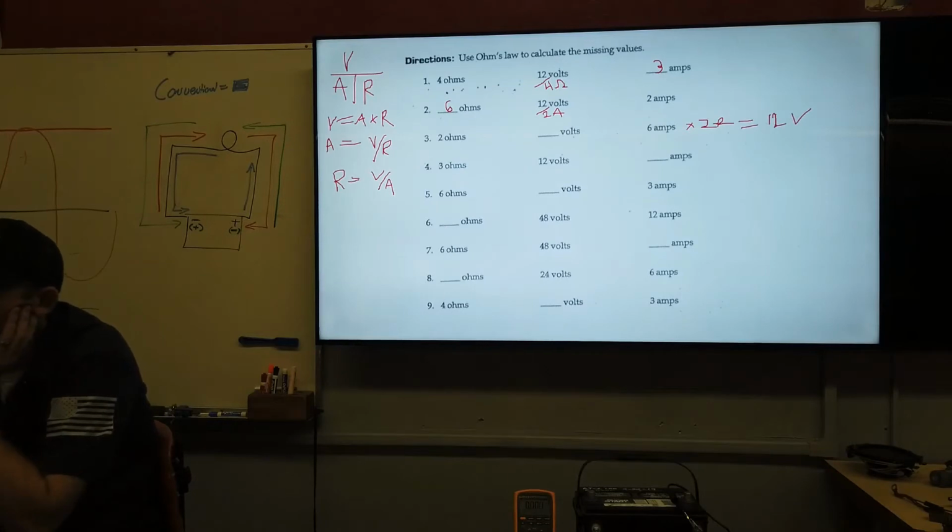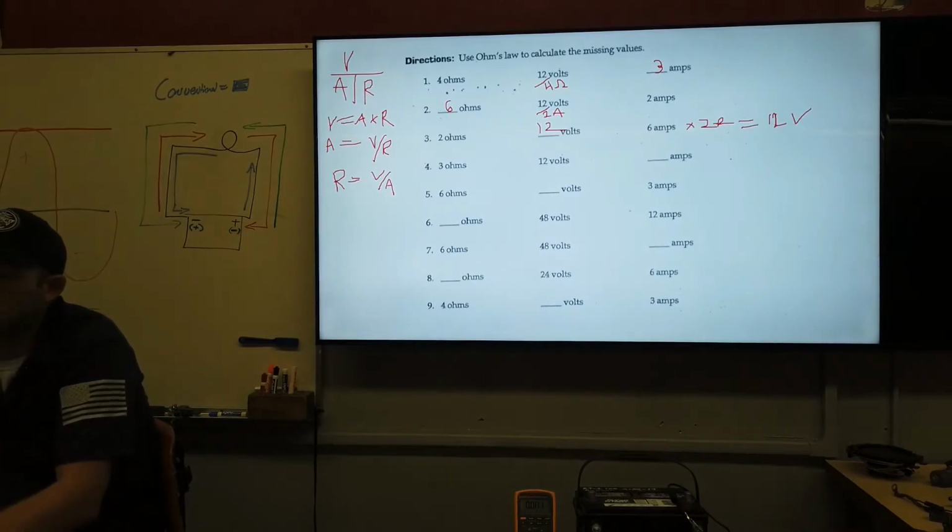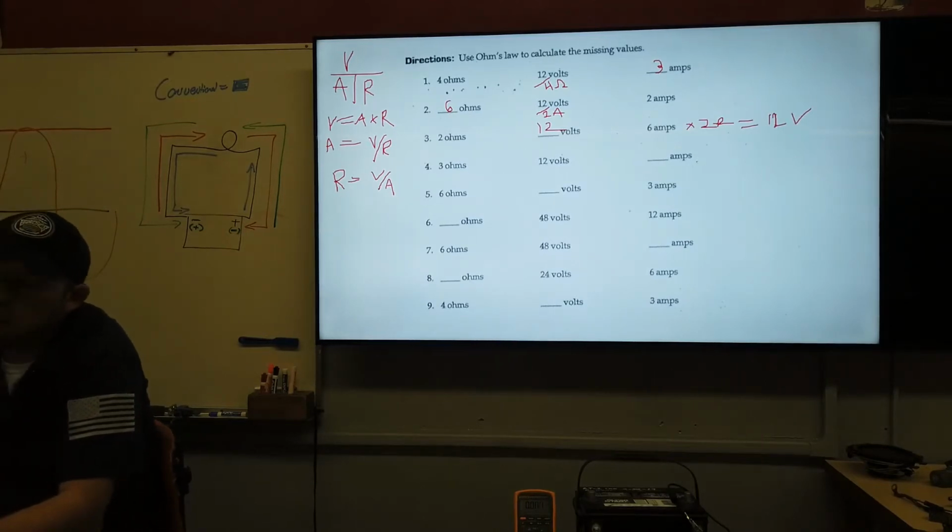All right, so 12 volts here. So then I'm going to let you guys work on these others, go ahead and pause the screen, finish these off on your own, and then we'll review this.